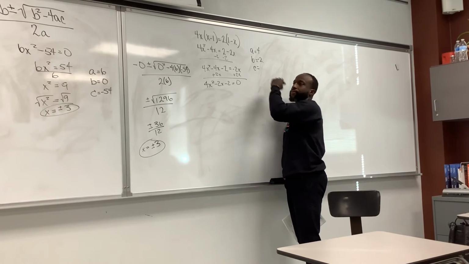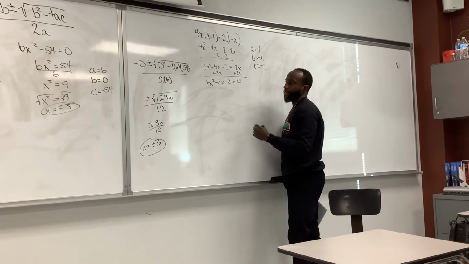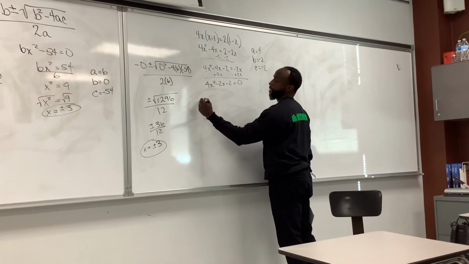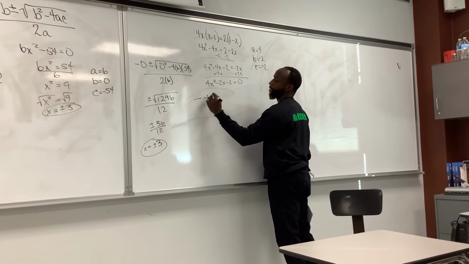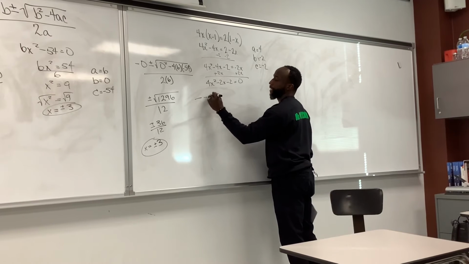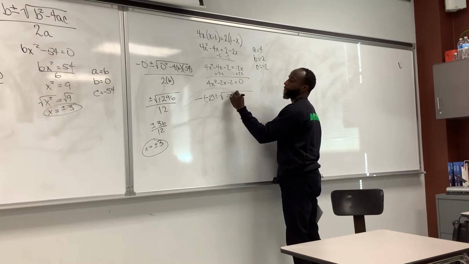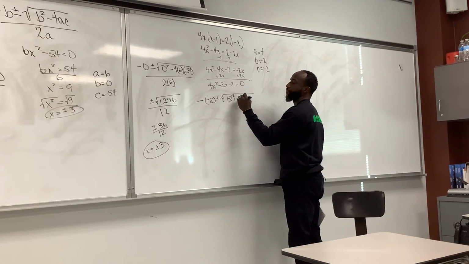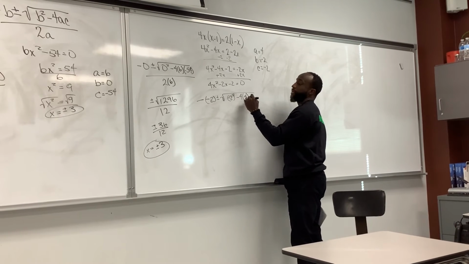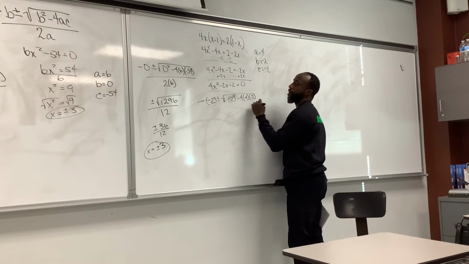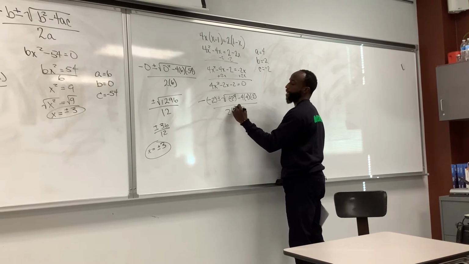And C is negative 2. Great. So we plug it into the equation: negative B plus or minus the square root of B squared minus 4 times A times C, all over 2A.